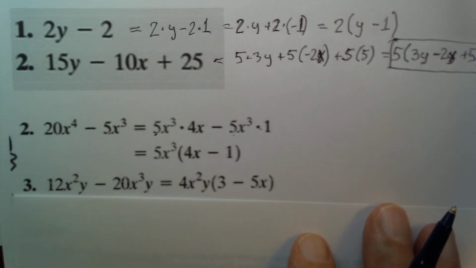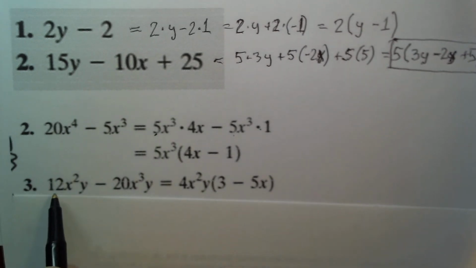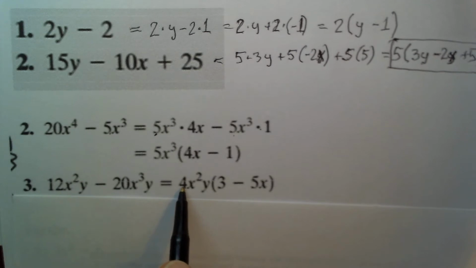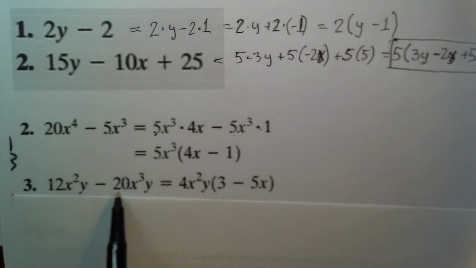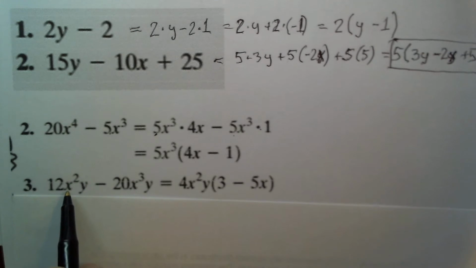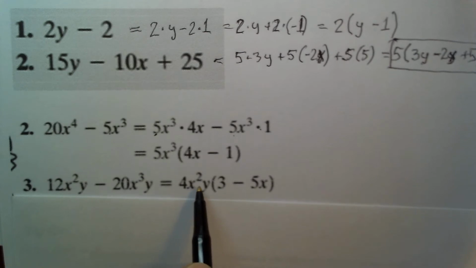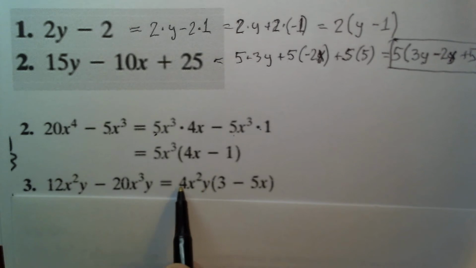When you look at example number 3, we look at the coefficients and we find 12 and 20 have a common factor of 4. So there would be a factor of 4. Then we notice x is common to both terms. And the lowest power of x is 2, so we use x squared. And then there's a y factor in each one of these terms, so we factor 4x squared y. And so that leaves us a 3, because 3 times 4 is 12, x squared y.